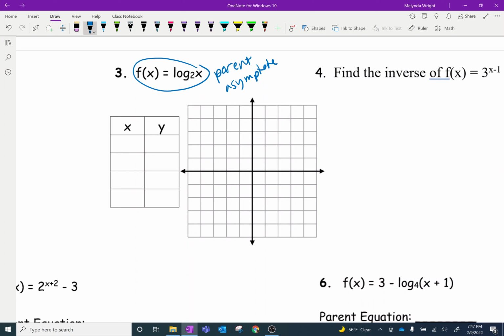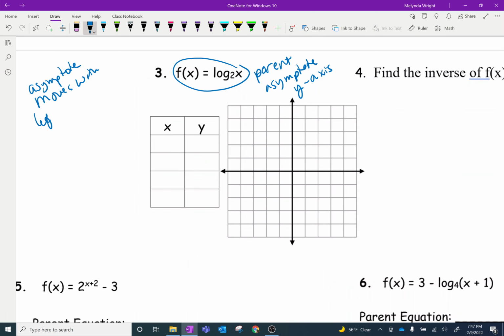Okay, and the only way it moves is with only left right shifts. So this time this one moves with the left right shift. All right, well, let's go ahead and draw this asymptote. It's on the y-axis.